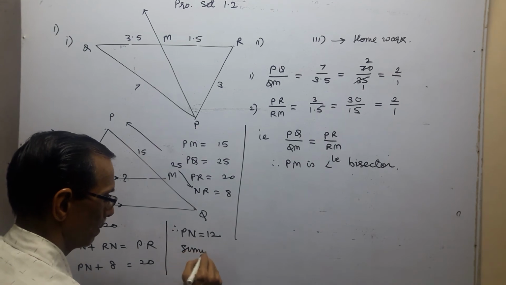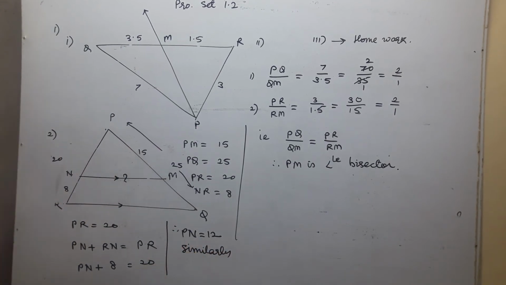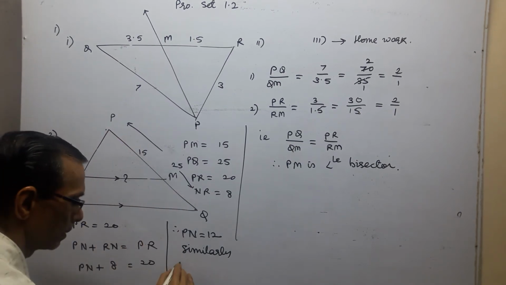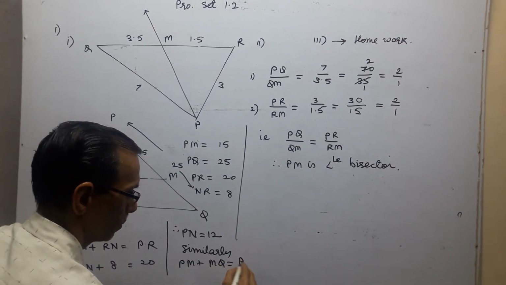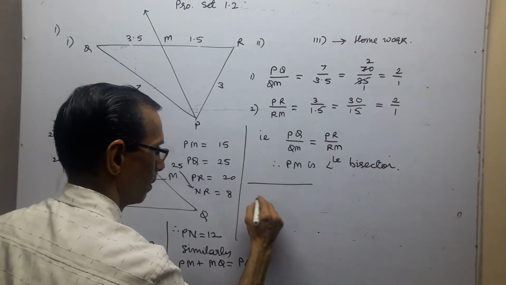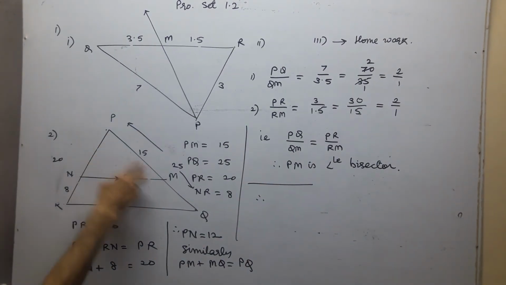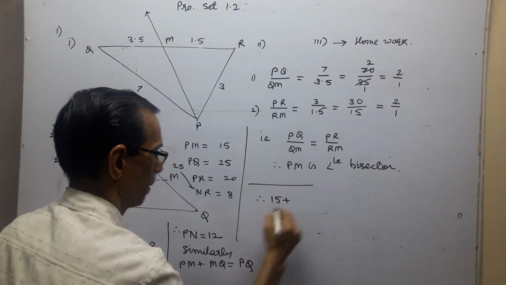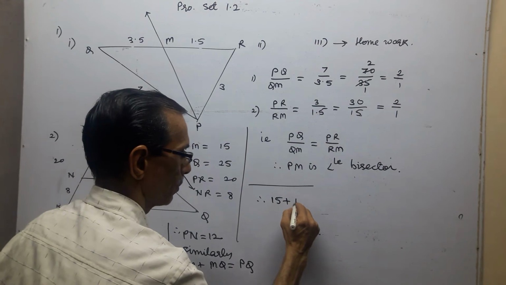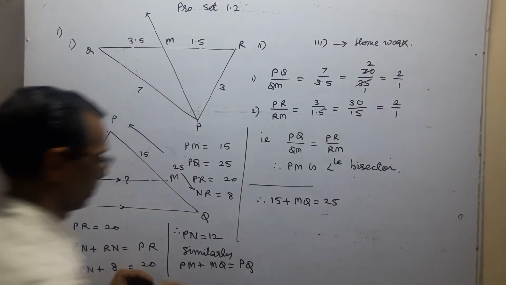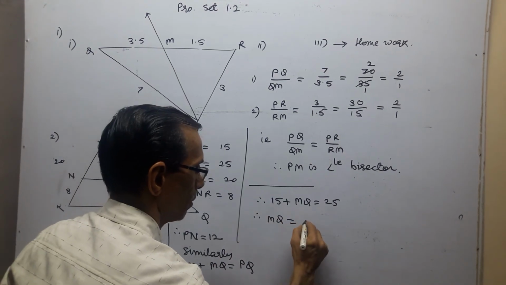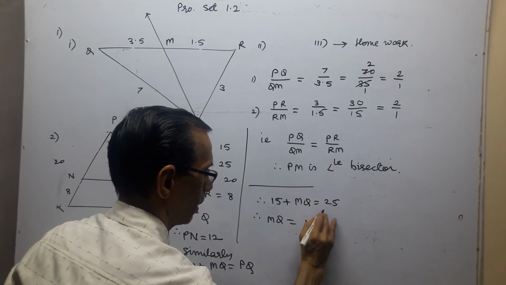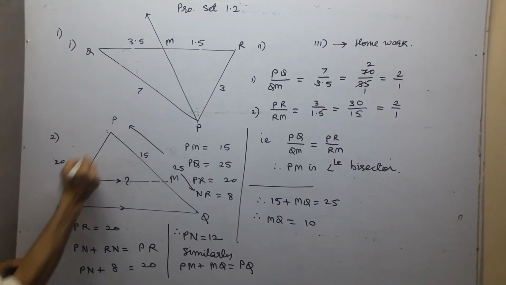Similarly, let us find out MQ. Now here PM plus MQ is equal to PQ. PM is 15, MQ we do not know, PQ is equal to 25, and therefore MQ is equal to 25 minus 15, 10.